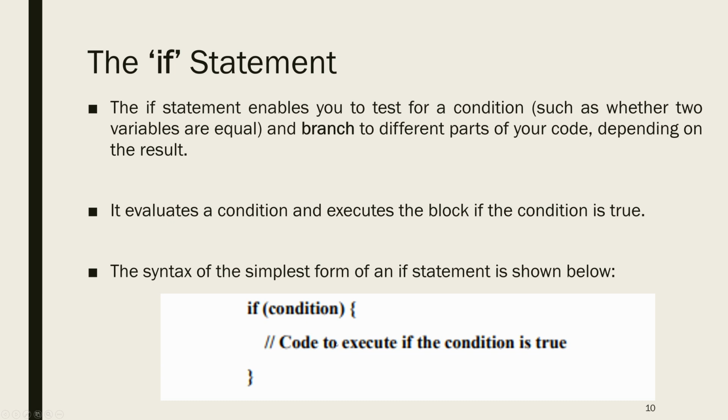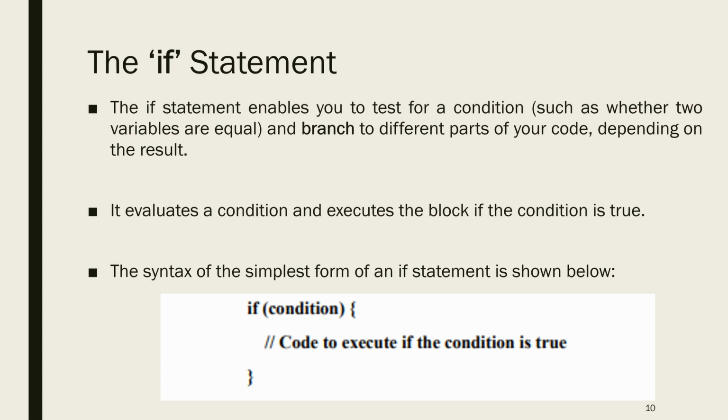This is the simplest form of an if statement. You begin with the keyword if. You remember keywords? Yes. Then you provide a condition in parentheses. This is the condition that will be evaluated. Because this condition has to evaluate to either true or false, whatever condition you put there should be an expression that evaluates to a Boolean value.